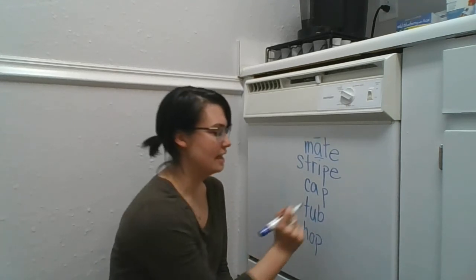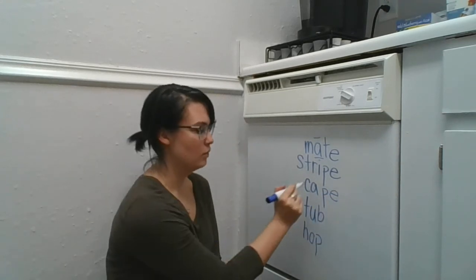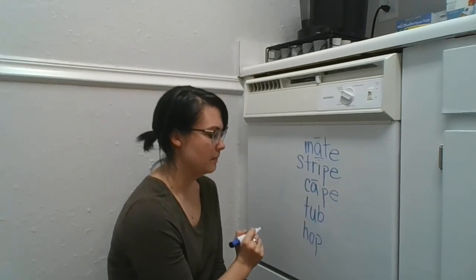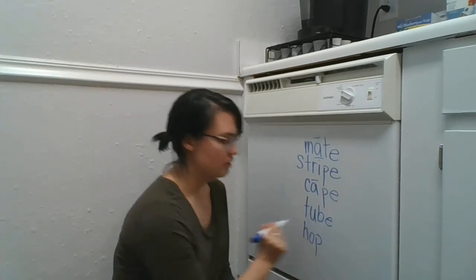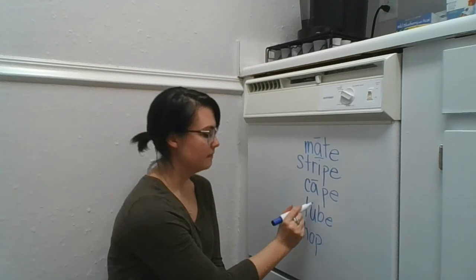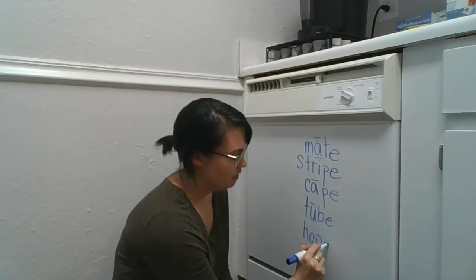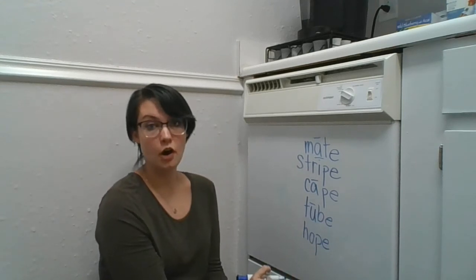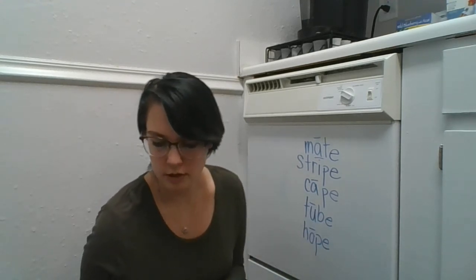And see if they can guess that it turns into cape with a long A sound. Tub turns into tube with a long U. And hop turns into hope with a long O. I think hope is my favorite word on this list.